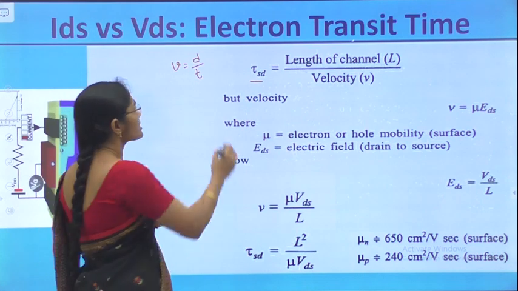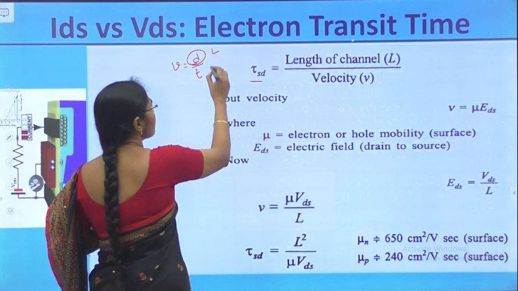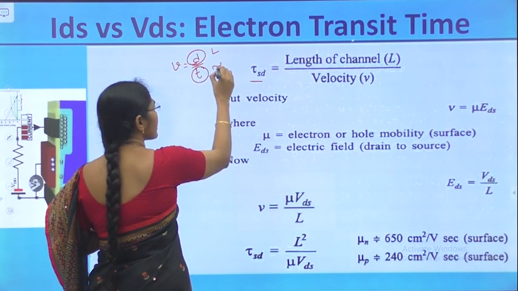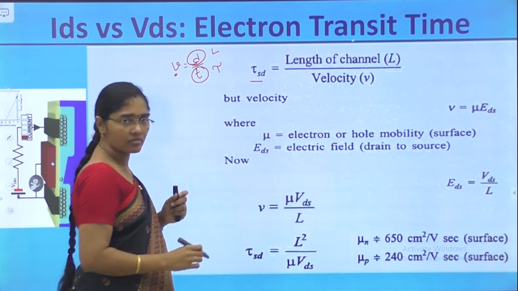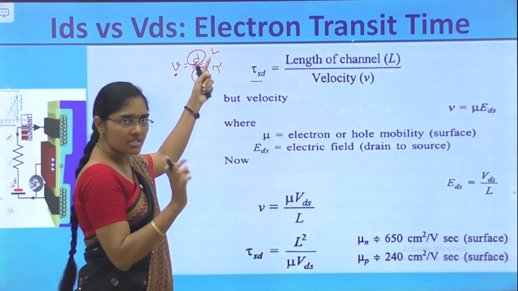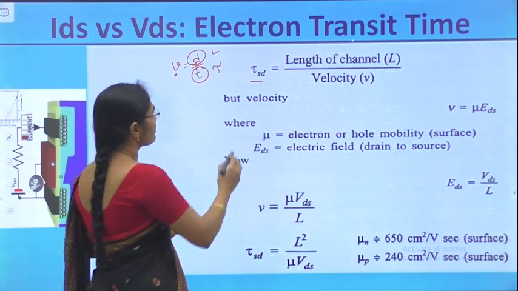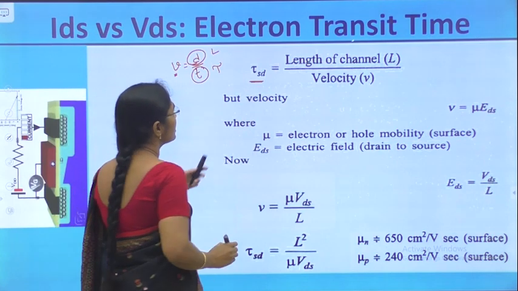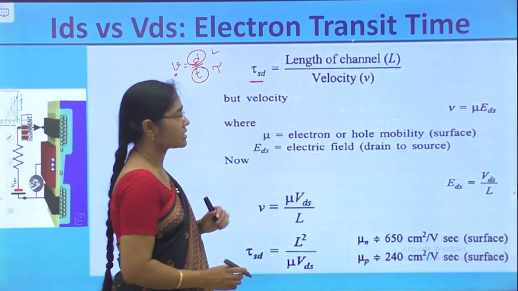Here the displacement in our channel is L, and tau is what we have to find, and this is the velocity of the electron. If we know the velocity of the electron and the channel length, then we can simply calculate tau. So, tau ST is equal to the length of the channel divided by velocity.